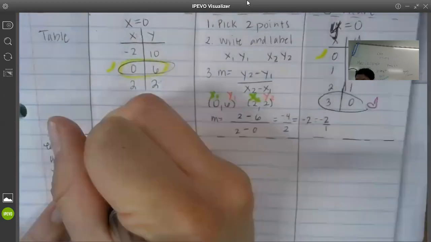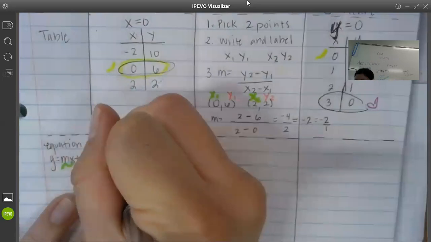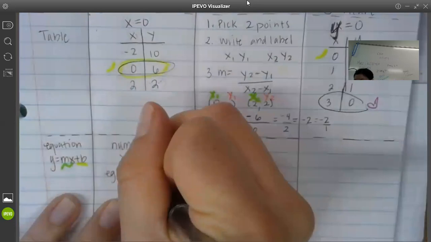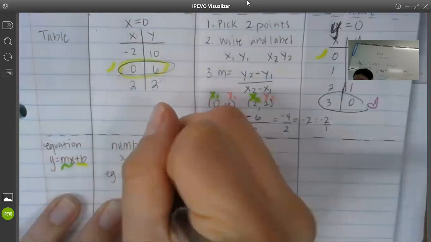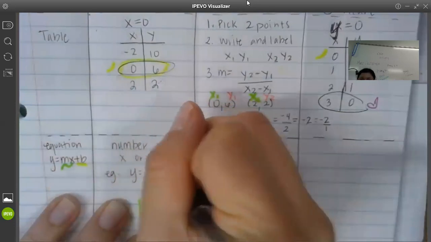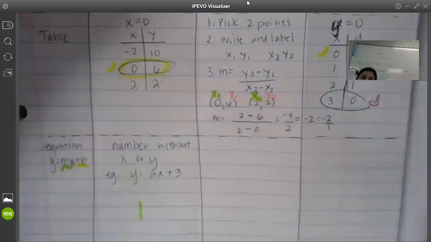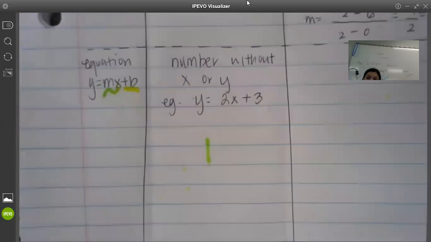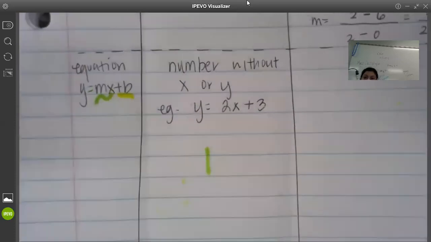So let's do an example. If it says y equals 2x plus 3, I look at it. What's the number that doesn't have any x, and it doesn't have a y?